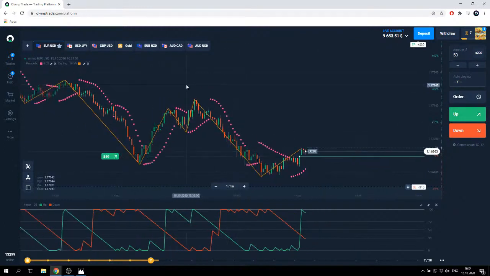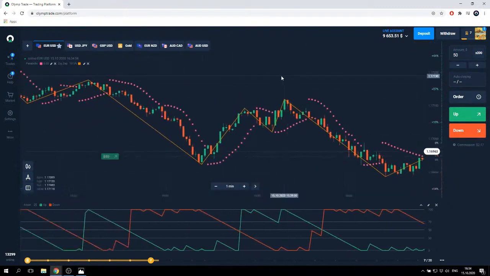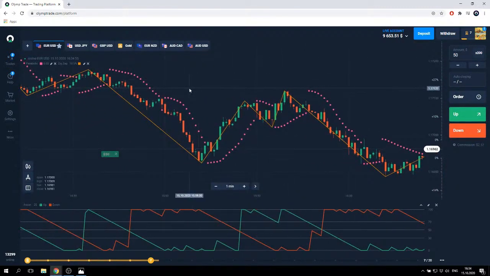So very simple strategies, guys. I hope you are getting it in a very simple way. So that is our, I would say, peacock strategy, right?